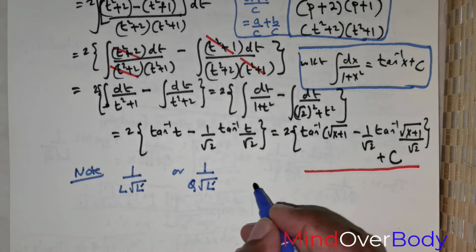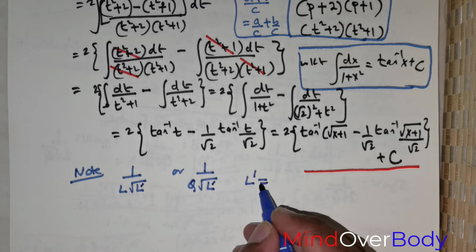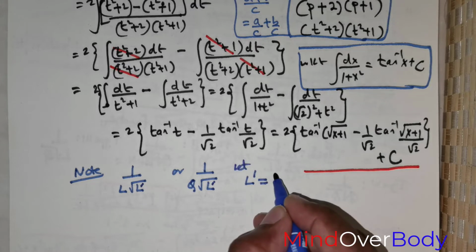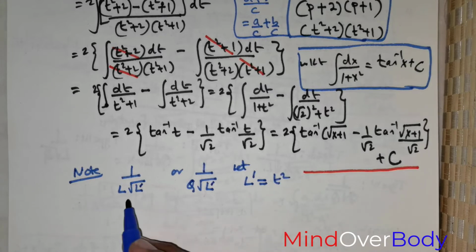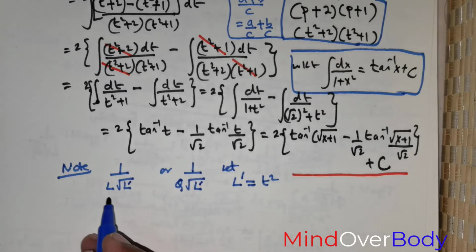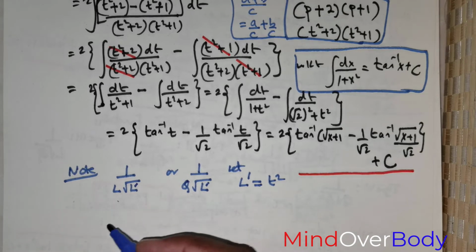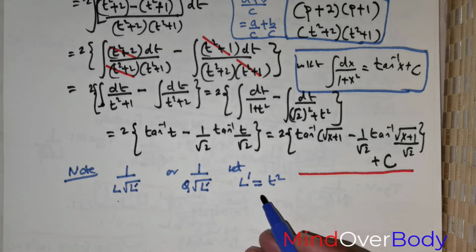The substitution that you will have to do is let L prime be equal to t squared. So this is just done so that there is some identification, because you have L being featured here. So that's why I've just taken L prime.